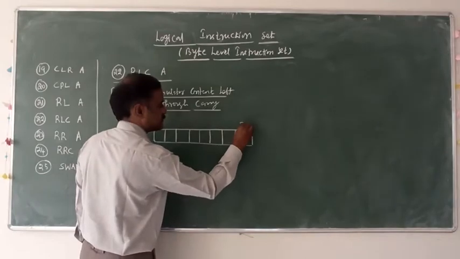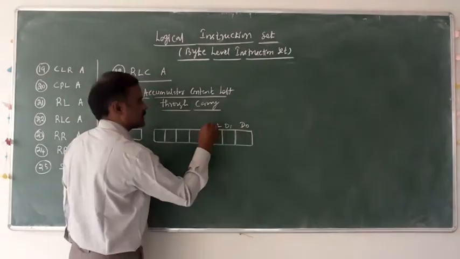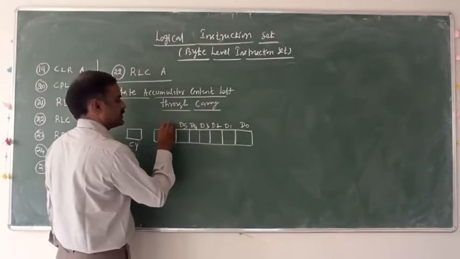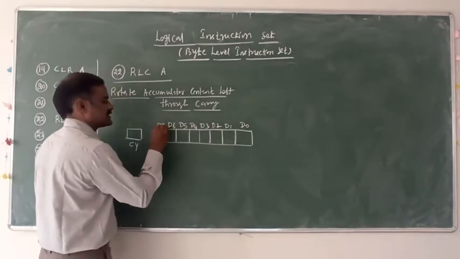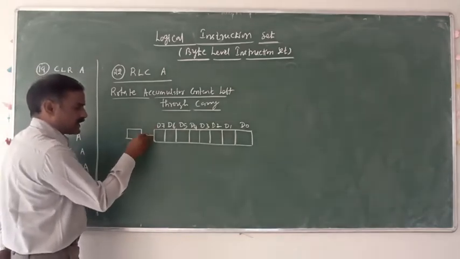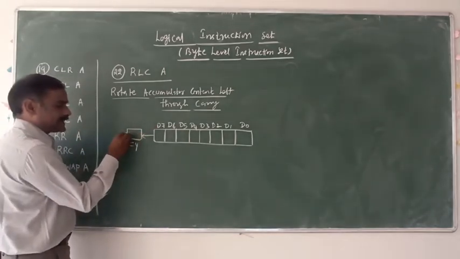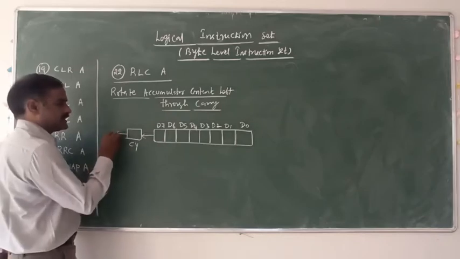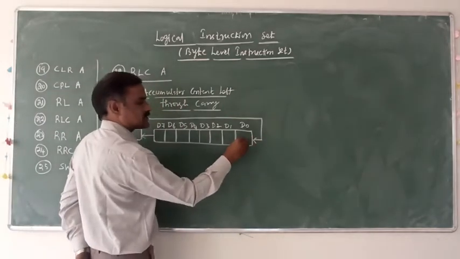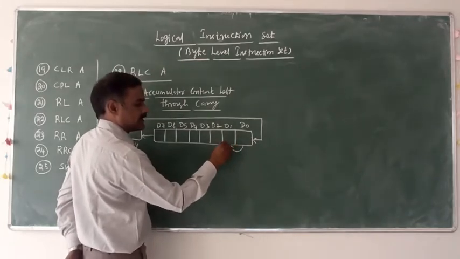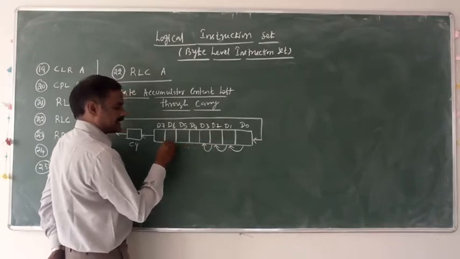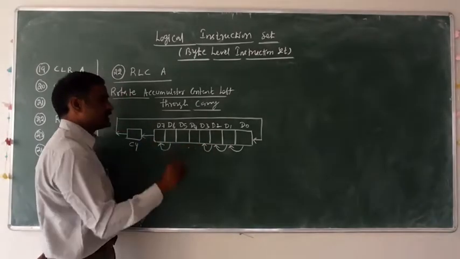This is for D0 bit, D1, D2 and D3, D4, D5 and this is for D6 and D7. Here the D7 bit data moves to carry and then the carry bit data moves to D0 bit, and then D0 bit data moves to D1, D1 to D2, D2 to D3 like that, D6 bit data moves to D7.